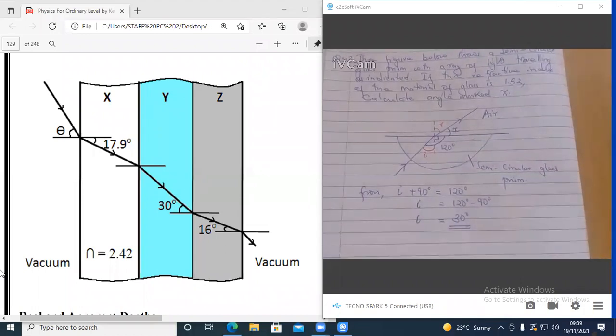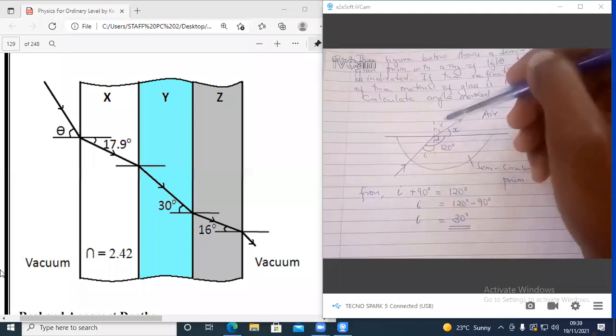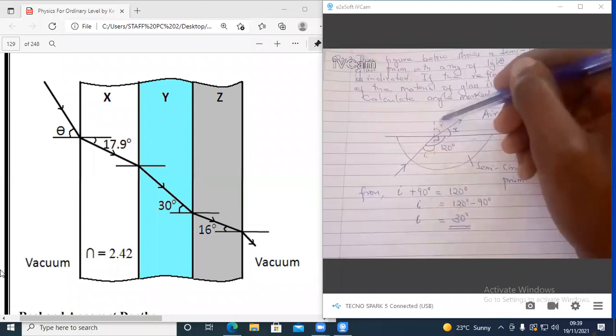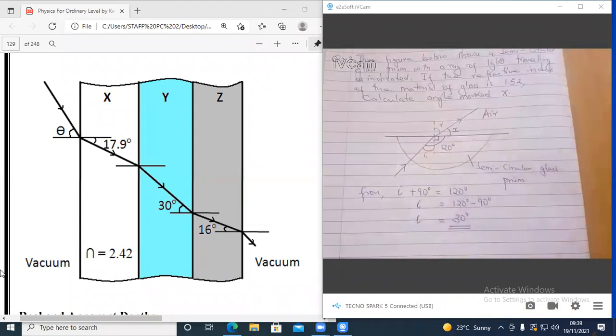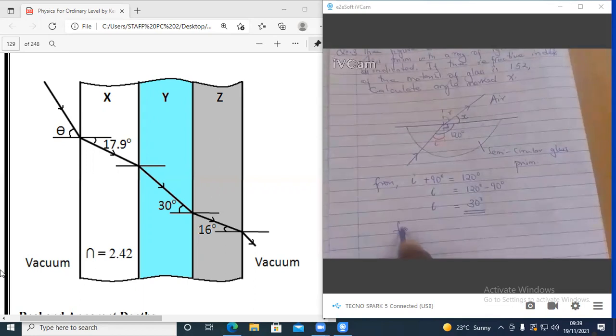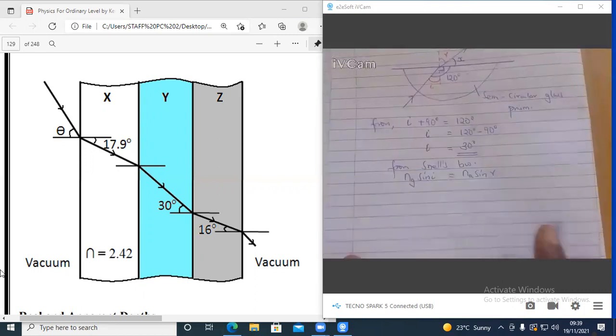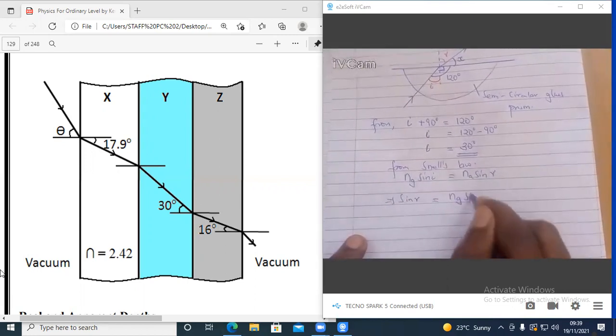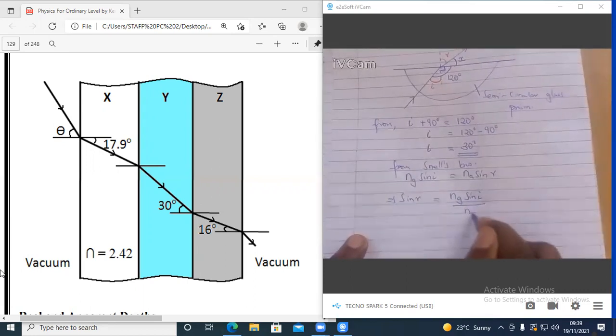Now, what you should do here, you go ahead using Snell's law. Using Snell's law, find the angle R. From Snell's law, you'll have Ng, because it's from glass to air, sine I equals Na sine R. So sine R will be equal to Ng sine I over Na.